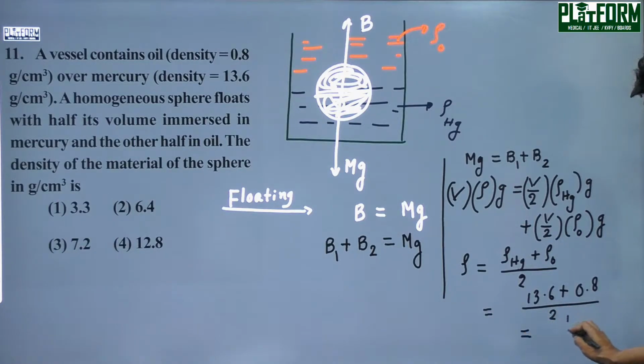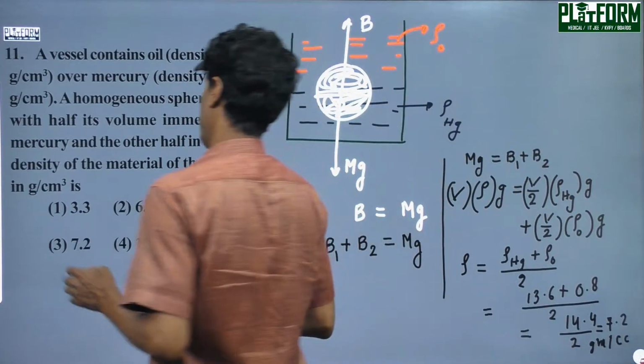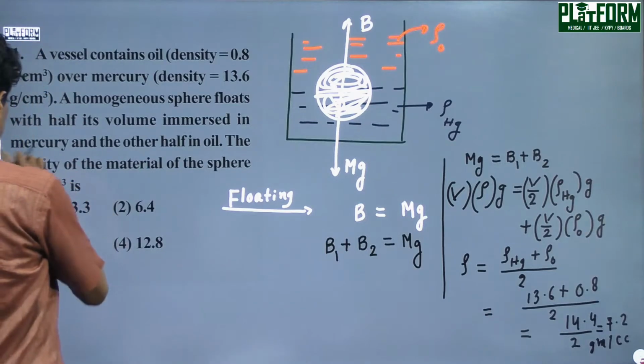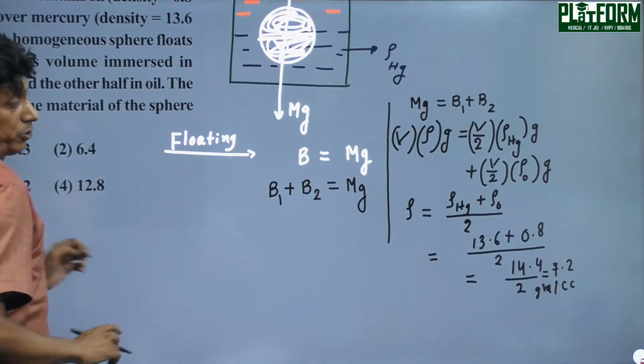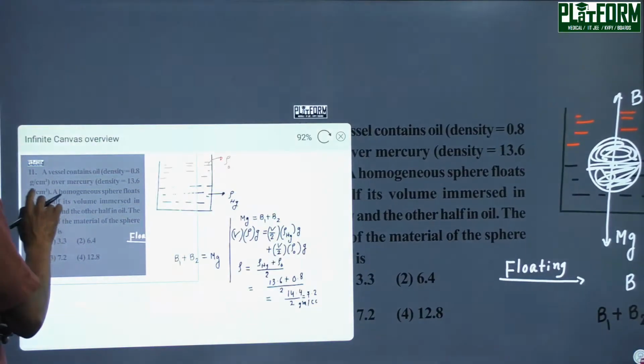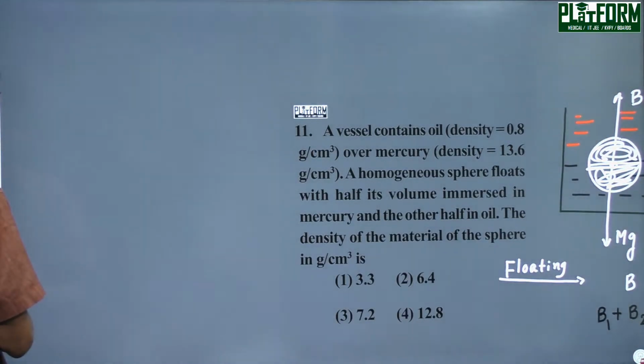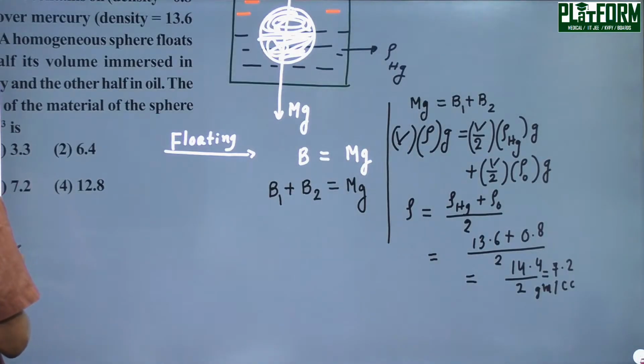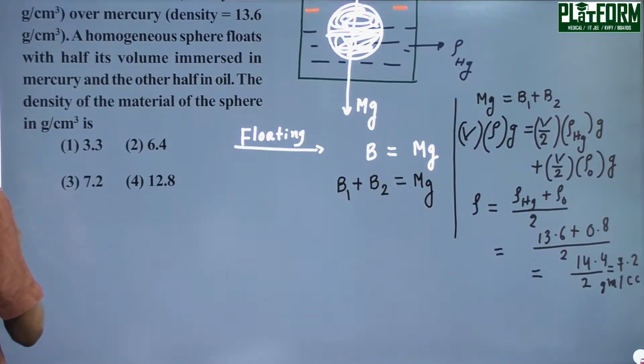So we can write here it is 14.4 by 2 and finally the answer becomes 7.2 gram per cc. So density of the material is 7.2 gram per cc. Here the right option is 3. Next problem.